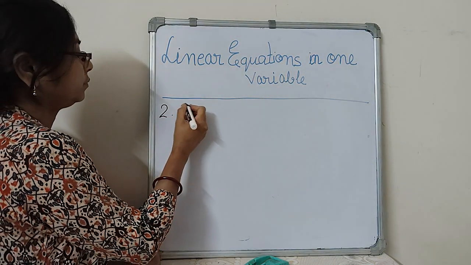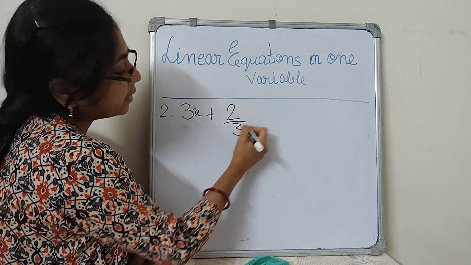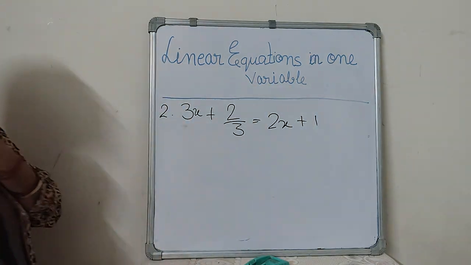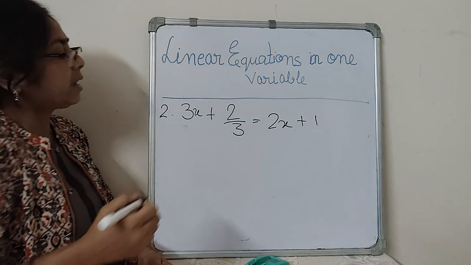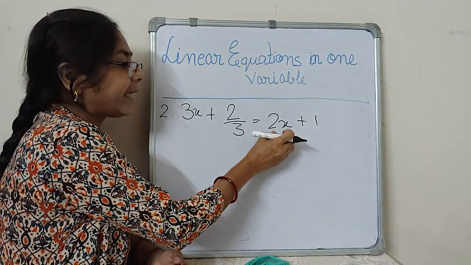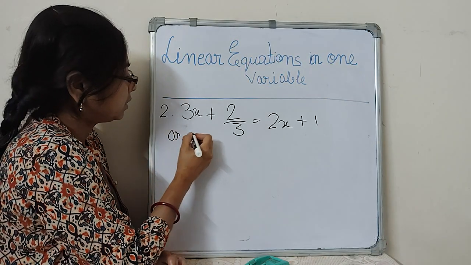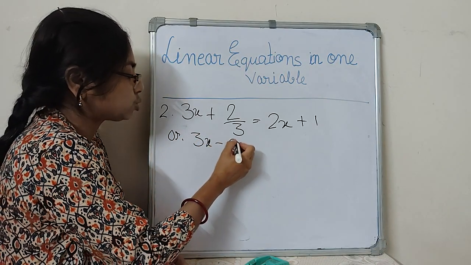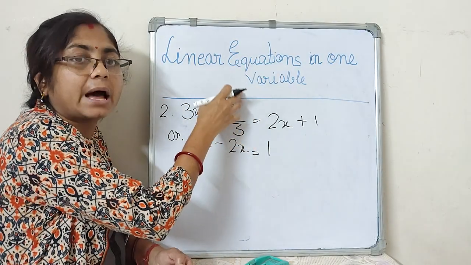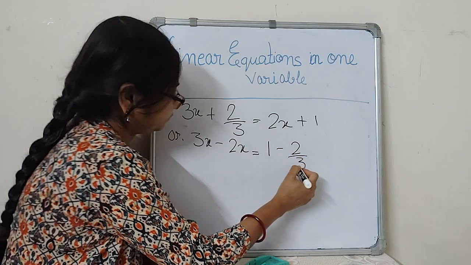Number 2. 3x plus 2 by 3 is equal to 2x plus 1. What am I doing? Like the previous one, the x part, the variable part, put it on one side. So I can write 3x minus 2x equal to 1, and shift this number part, the right side, minus 2 by 3.